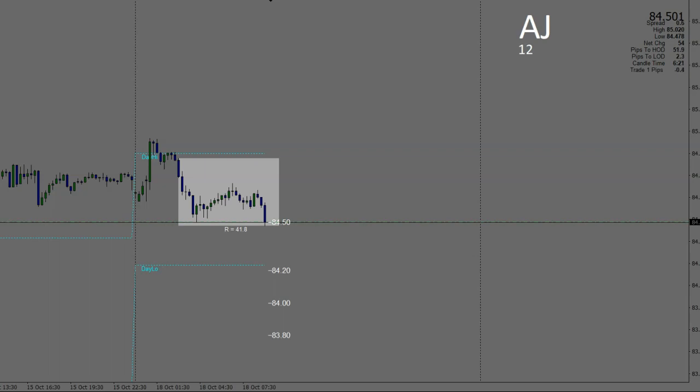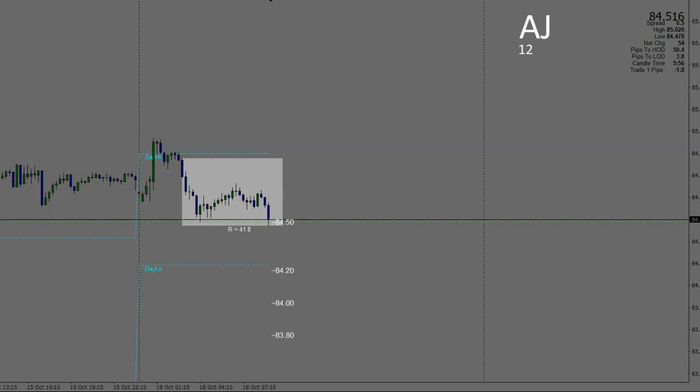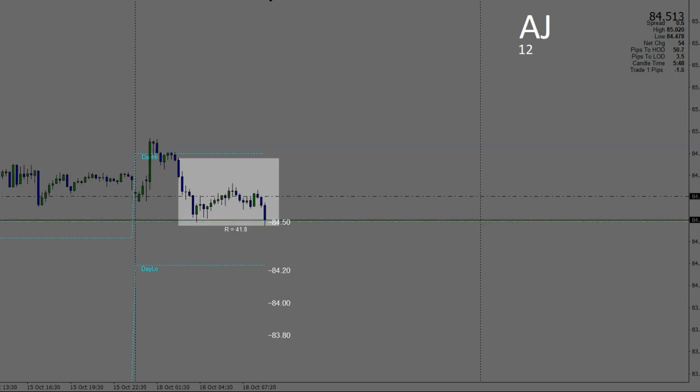That's hit an entry point, and I've taken that short. So Australian dollar, Japanese yen, just as it's breaking that 50 level there, I've taken this short, and let me put my stop loss in place first of all. Stop loss goes in at 12 on this.